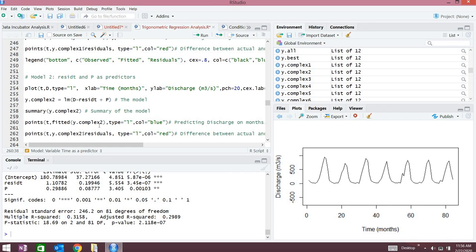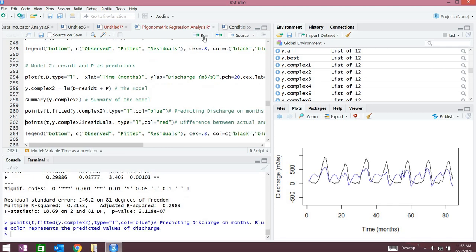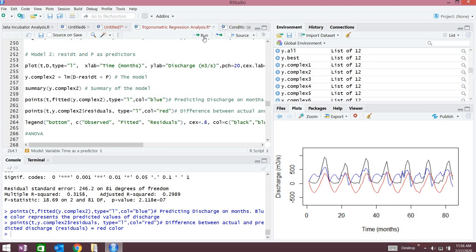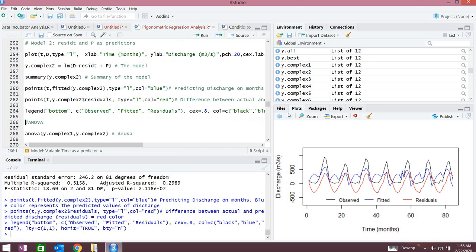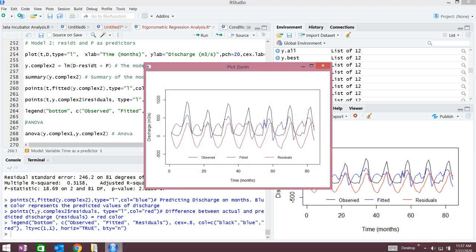And we plot the fitted values of model 2, and the residuals of model 2.